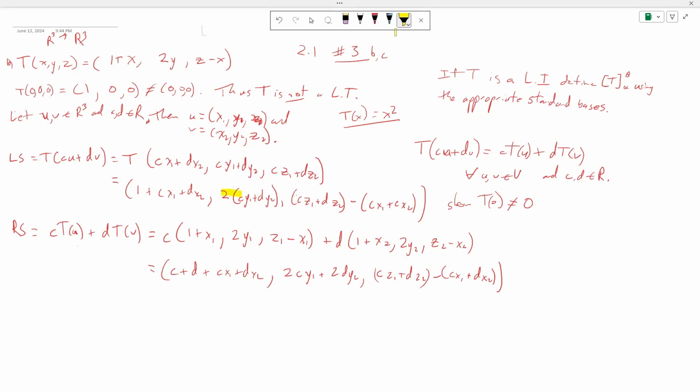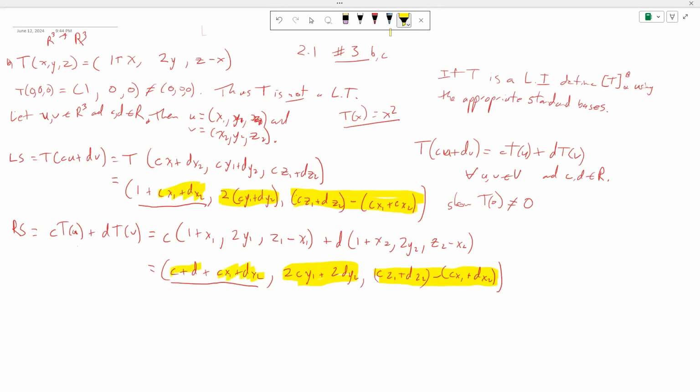In fact, whole parts of it are actually the same. But we know, because the zero vector doesn't map to the zero vector, that something must be different. So what must be different is over here, this 1 plus and this c plus d. This portion here is the same as this portion here.